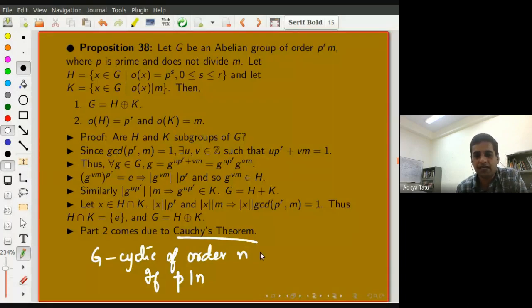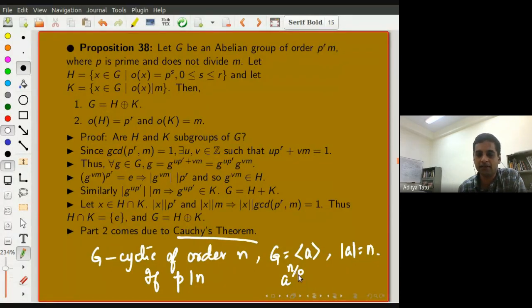If G is cyclic of order n, G is a group generated by A such that the order of A is n. What can you say about the order of the element A to the power n by p?